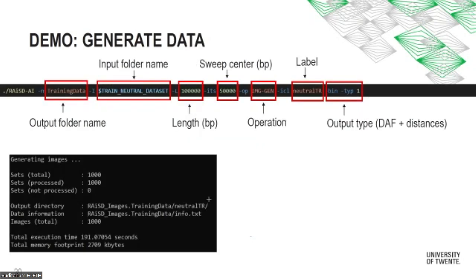So to quickly show you how easy it is to use RAiSD-AI to do these experiments yourself, using RAiSD-AI, you can take MS files that you have generated and easily, through the command line, generate training and testing images by simply specifying the length of the simulations in base pairs, the location of the sweep, and specifying that this is image generation.